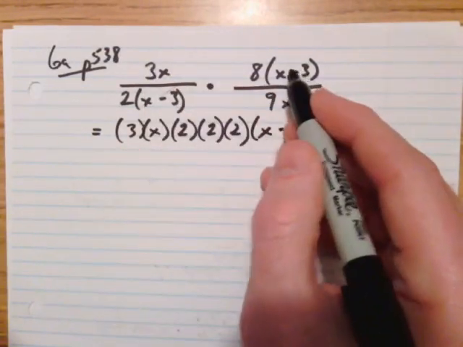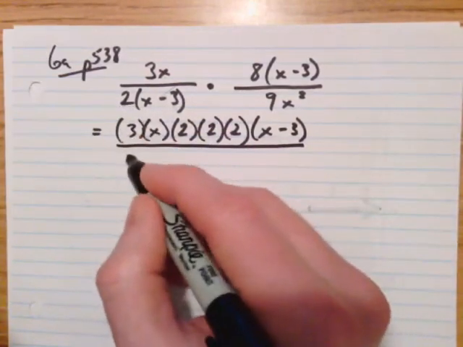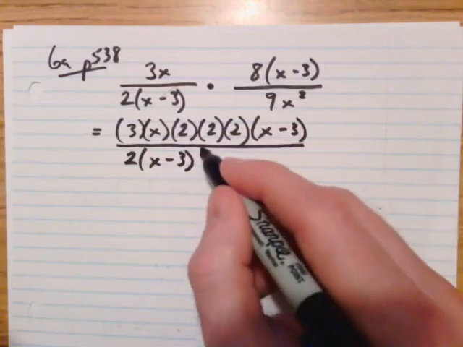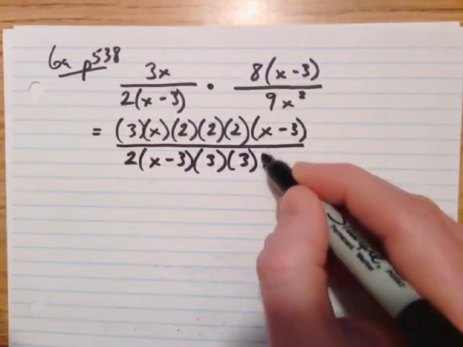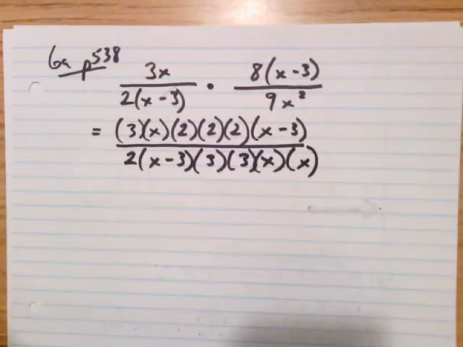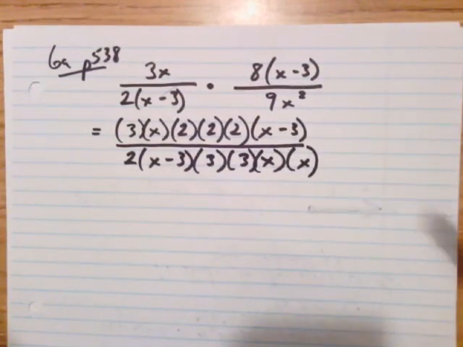Top times top, right? When you're multiplying fractions, bottom times bottom. So now we're going to do this to the bottom: 2 times x minus 3. 9 is 3 times 3. x squared is x times x. So we got this totally spread out. Again, you don't need to go this far, but you can.